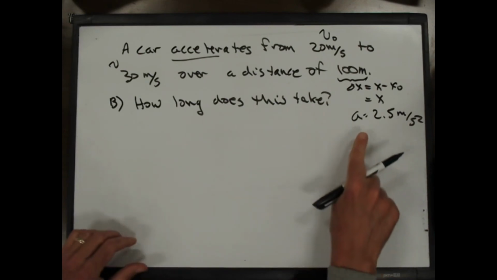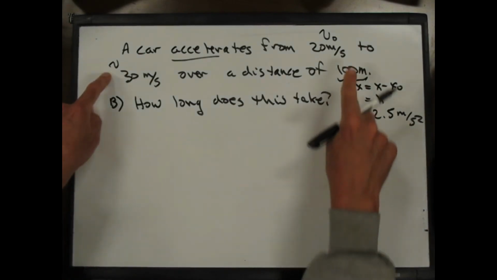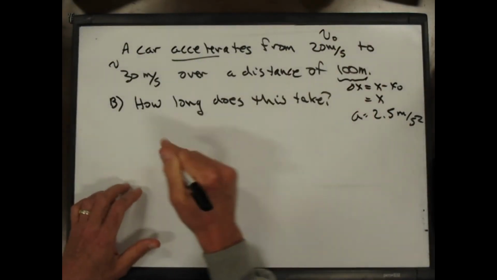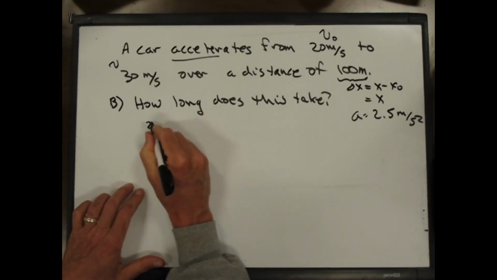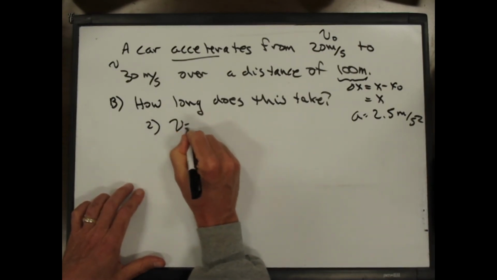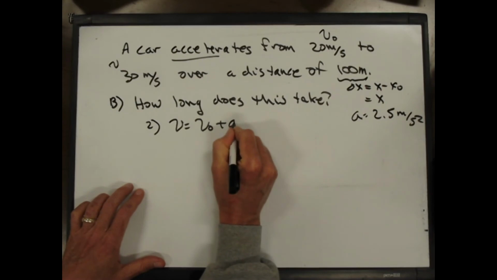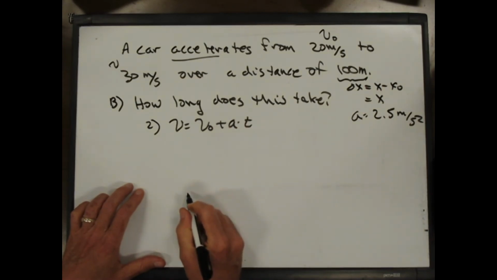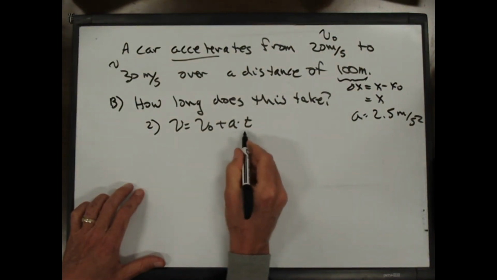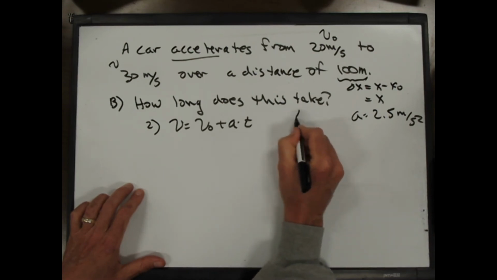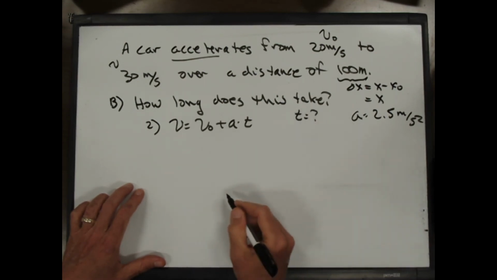Well, I know the acceleration, I know v naught, and I know v, and I have my equation 2. If you remember equation 2, it's v equals v naught plus the acceleration times the time. And so I'm looking for the time now. This is t equals question mark.